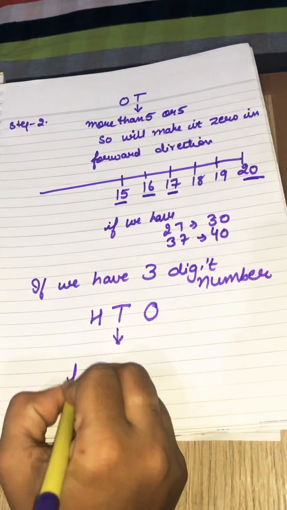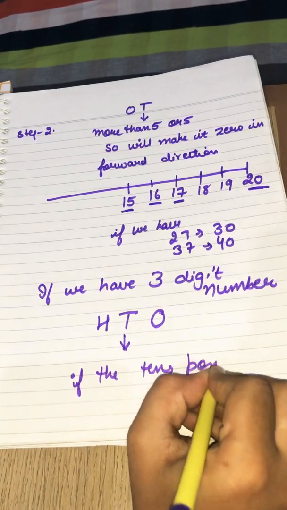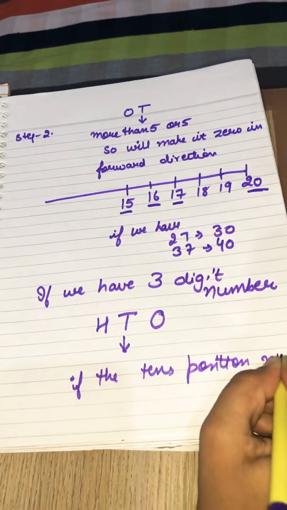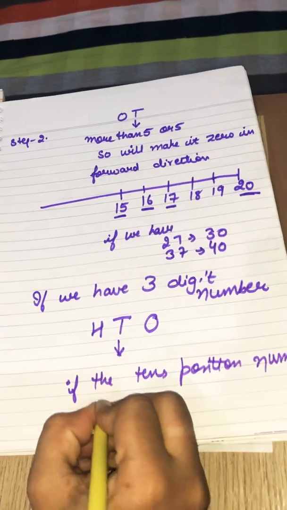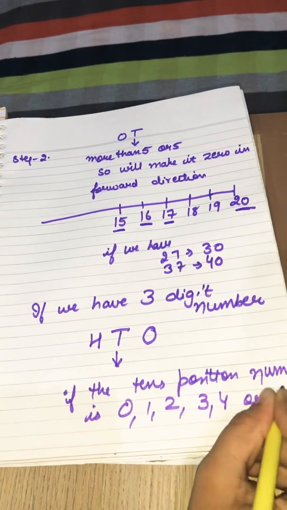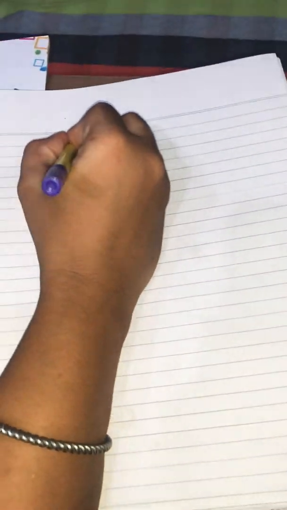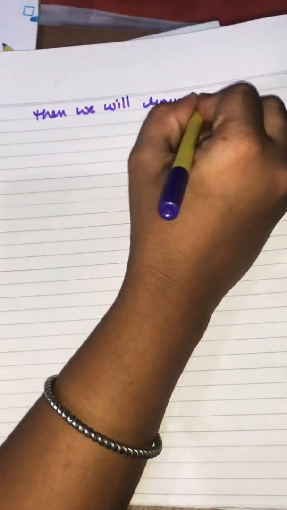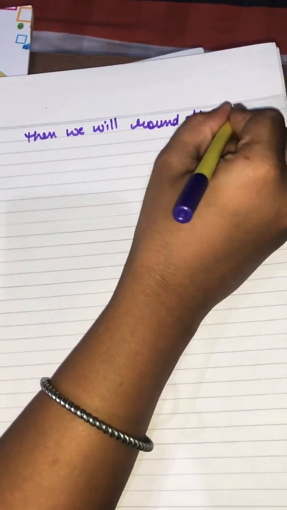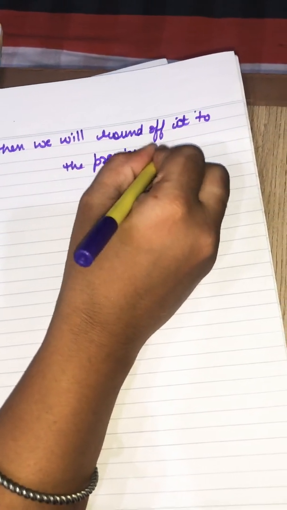If the tens position number is 0, 1, 2, 3, 4 or less than 5, then we will round it off to the previous 100.